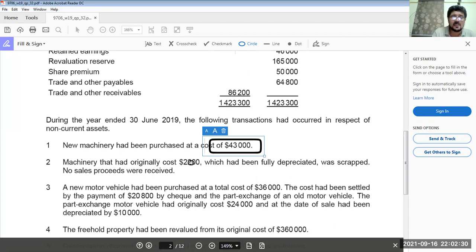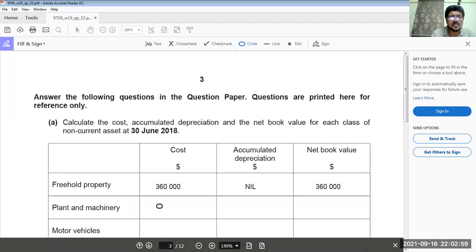Now the machine which has been fully depreciated by 2,200, that should be added into 386,800 minus 43,000 plus 2,200, because at the start of the year that machinery was part of the accounting records. Okay. So total is 346,000 cost 1 year back.